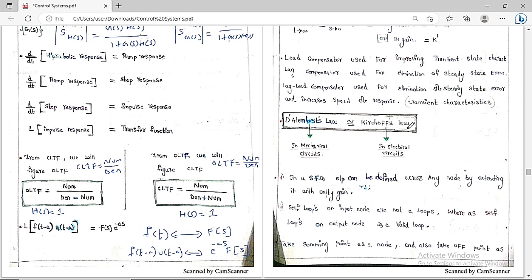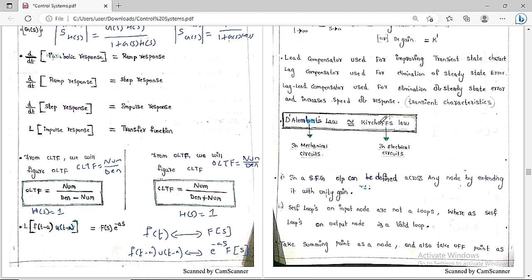Kirchhoff's law is applied in electrical circuits, similarly d'Alembert's law is applied in mechanical circuits, and both have the same kind of behavior. So these two are called analogous equations. Kirchhoff's law is used in electrical circuits, whereas d'Alembert's law is used in mechanical circuits.